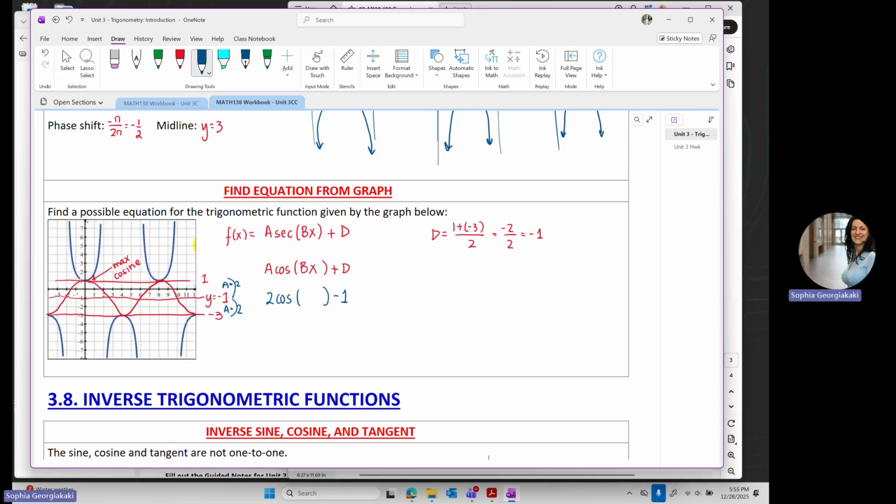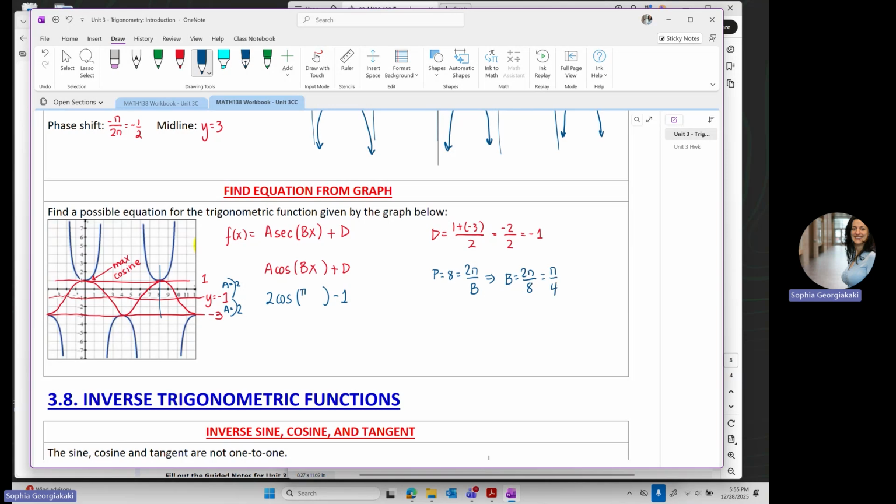And I'm looking for the period that will determine the value of b. Now, from the max to the next max, the distance is 8. So the period is 8, which is 2 pi divided by b. And therefore, b will be 2 pi divided by 8, or pi quarters.